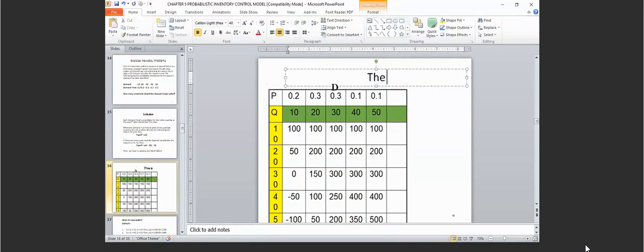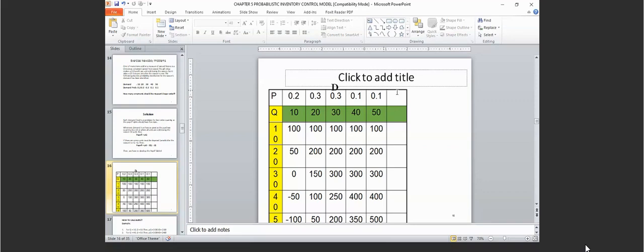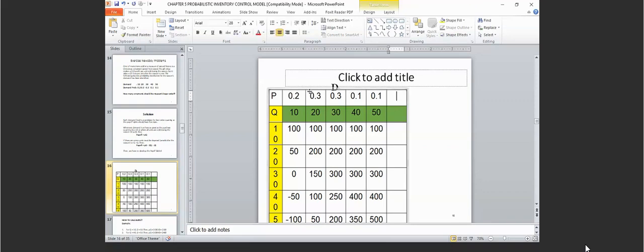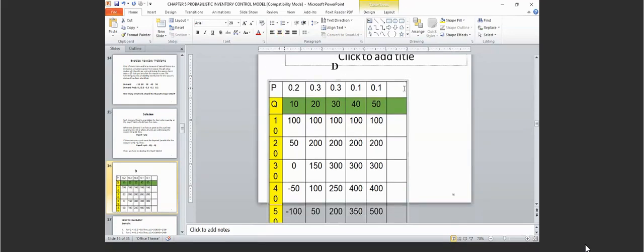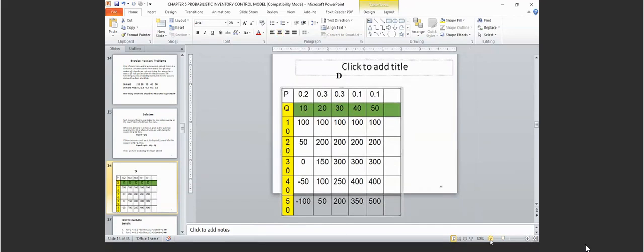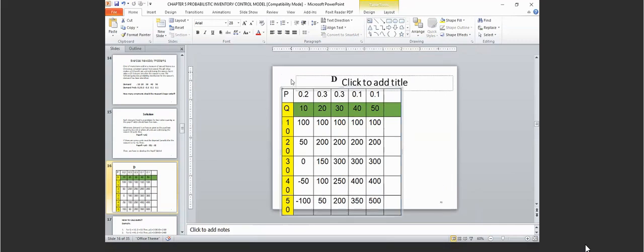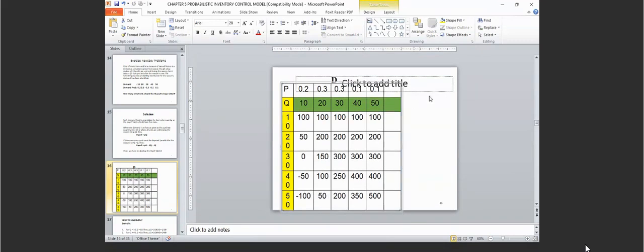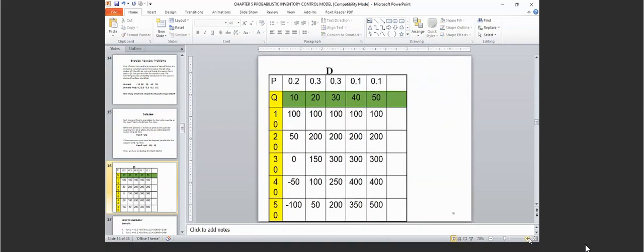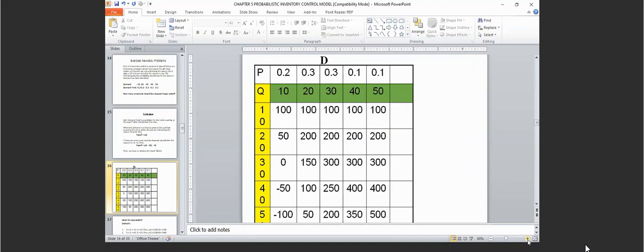Padamkan yang ni dulu. Boleh nampak tak? Boleh nampak tak? Okey.